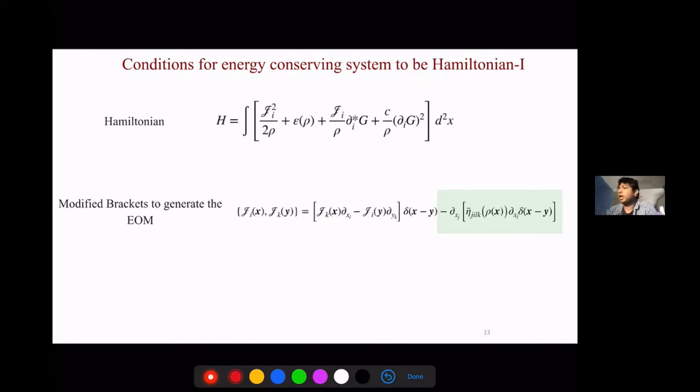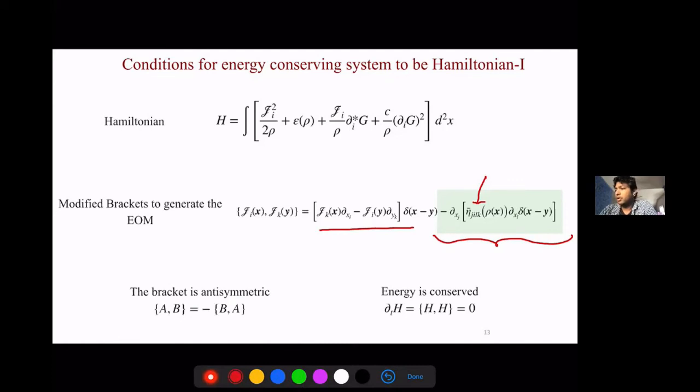It turns out that the only bracket that acquires a modification is the diffeomorphism one, which is this JJ, the momentum bracket. This is the usual one, and then there is a modification because of this eta prime, the higher gradient effects. For a bracket to be a valid Hamiltonian structure, it needs to satisfy two conditions.